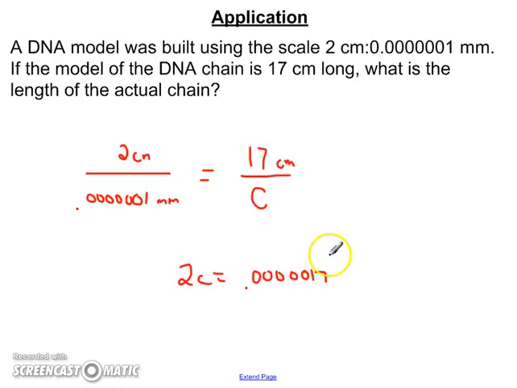Gosh, this gets uglier and uglier. Okay, but anyway, so that's our cross products the other way. And then if we divide by 2, c equals, let's divide by 2, that's going to be, oh gosh, 0.00000085. Yeah, that's sort of an ugly one.